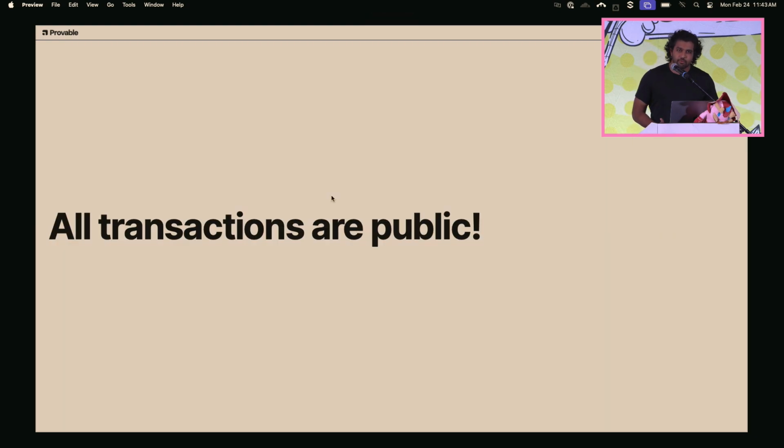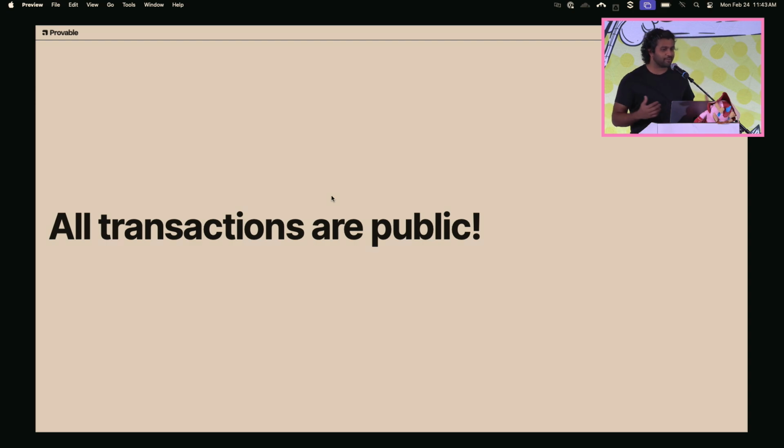There's a fundamental problem here, though, and the issue is that all transactions are public. This means that the actual UX that we expect in payments, in transfers, in money, isn't actually represented in these sorts of constructions. When we send money, we expect that only the 2 parties who are interacting actually get to see the details of the payment. And this is just a fundamental problem that blocks a lot of crypto use cases.